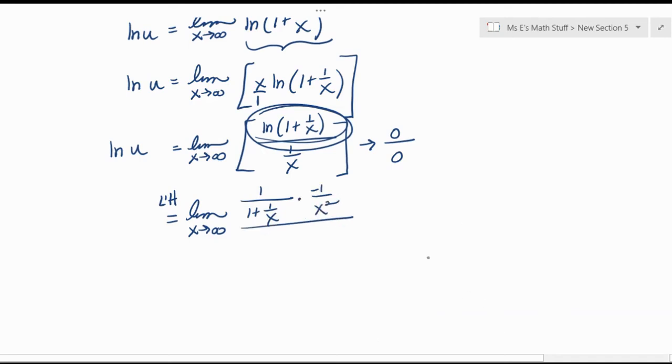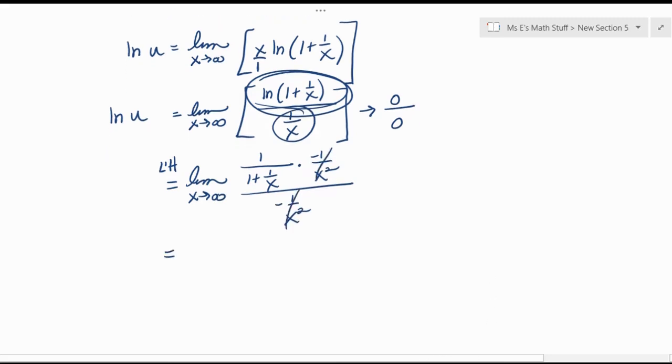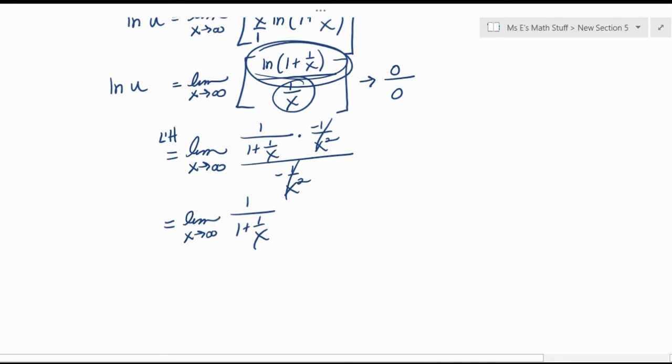And then the derivative of the denominator would be negative 1 over x squared. All right, and let's see what we've got. We'd be left with the limit as x approaches infinity of 1 over 1 plus 1 over x. And let the x here approach infinity, and we'd be left with 1 over 1 plus 0, or 1.